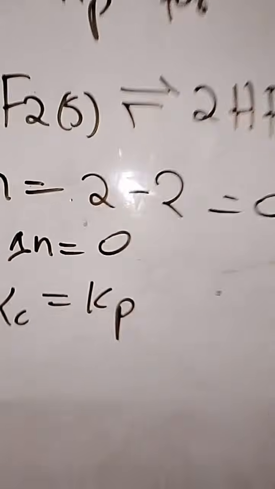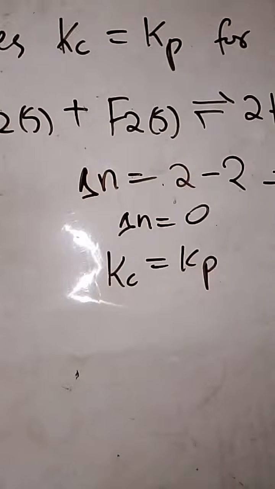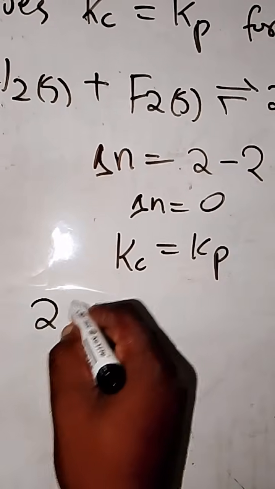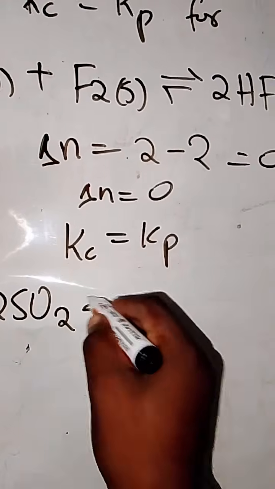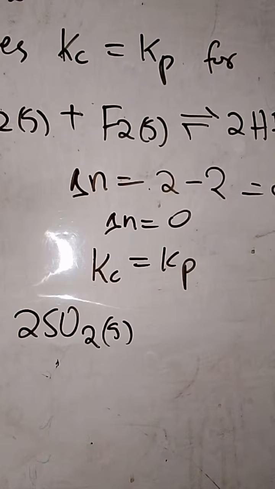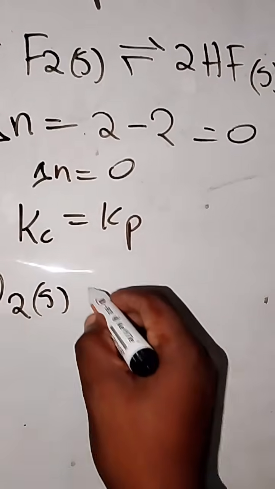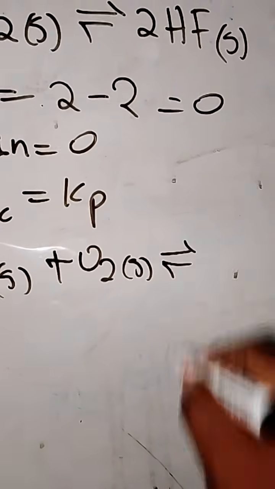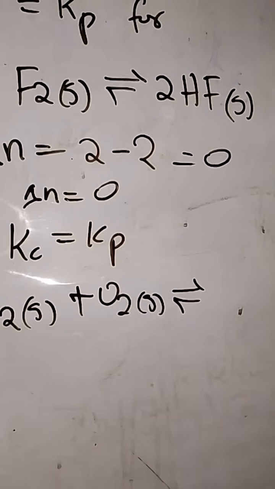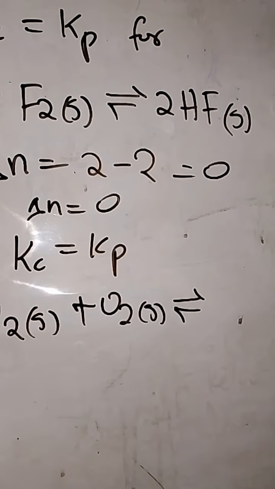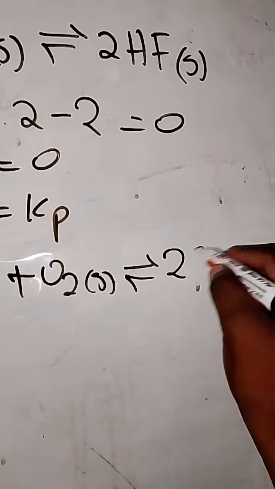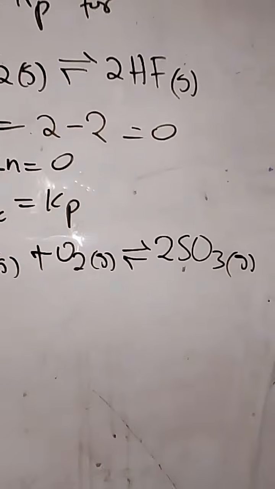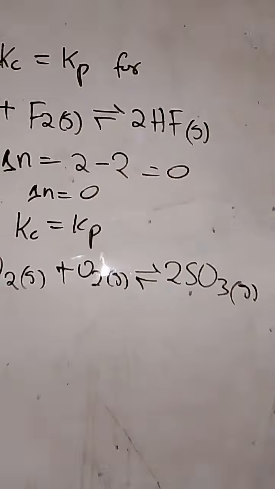Then another reaction: sulfur dioxide gas plus oxygen gas forms 2 sulfur trioxide. Does Kc equal Kp for this reaction?